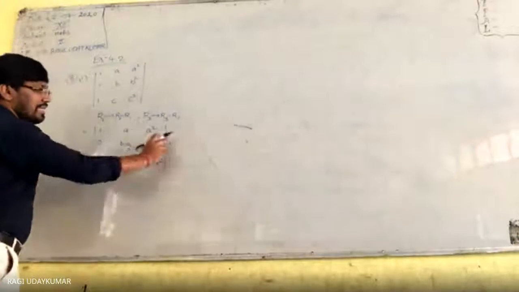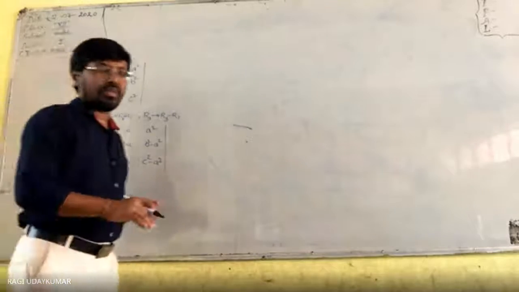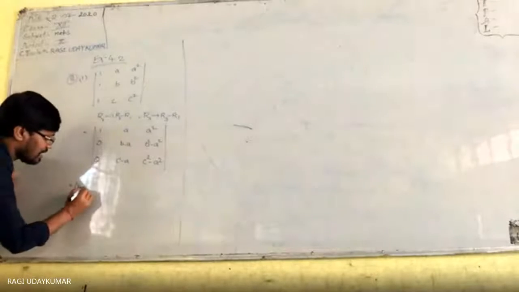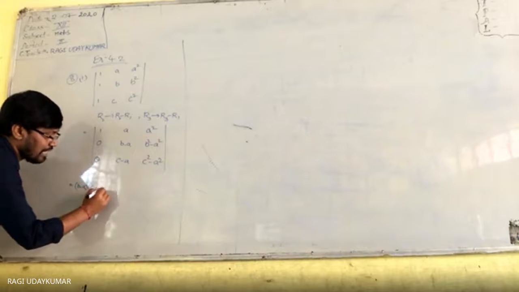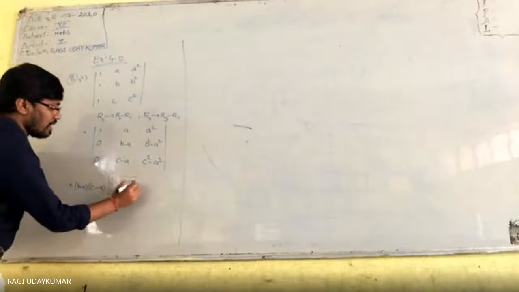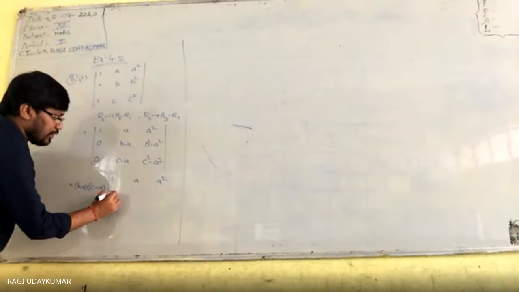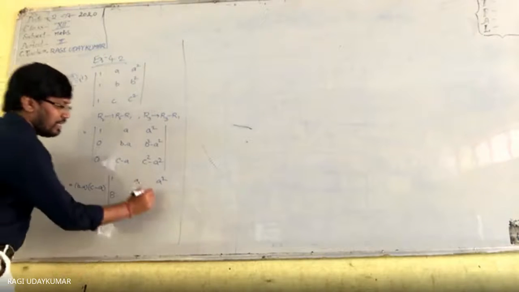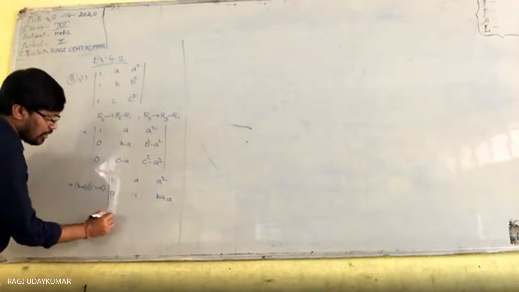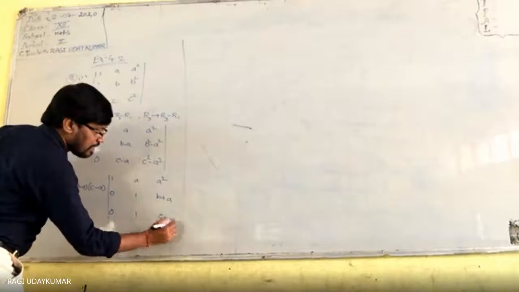So if you take b minus a common from the second row, and c minus a common from the third row, so when it is taken common, first row 1 1 1 a a square. Here 0, b minus a will become 1, here b plus a. Next, this is 0 as it is. Here c minus a is taken common, 1. This is c plus a.